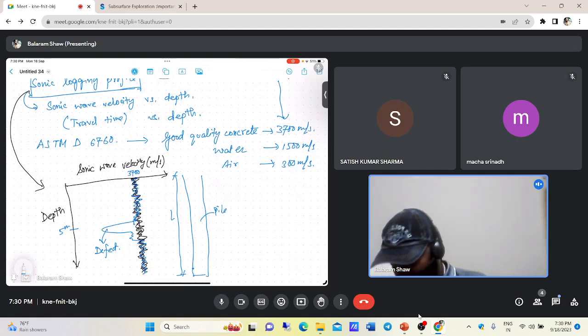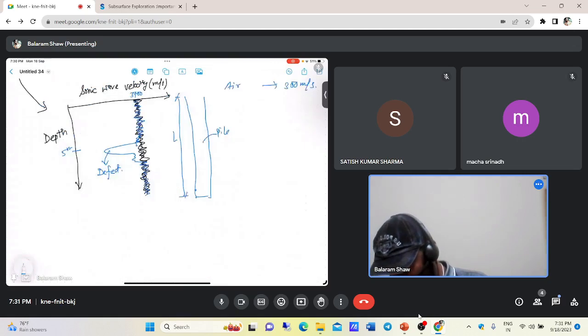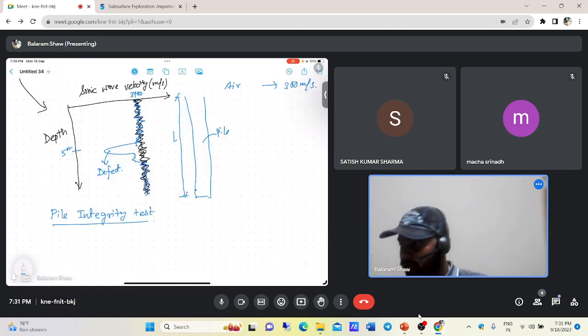Okay, so next test is the pile integrity test. So this pile integrity test also is done to understand the quality of concrete.